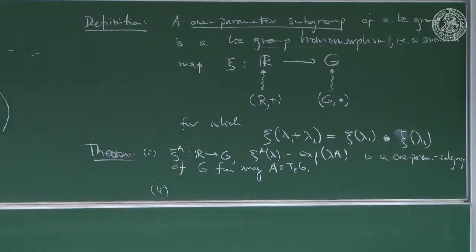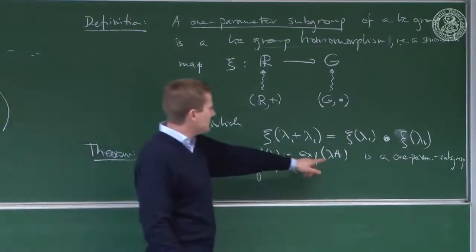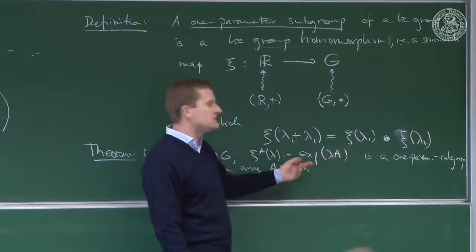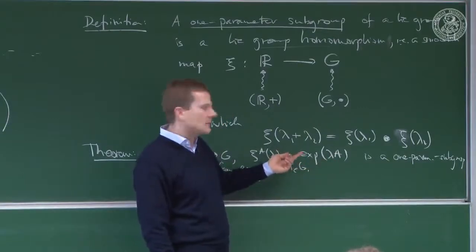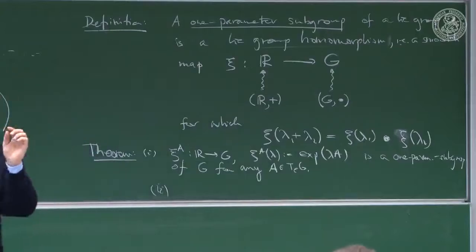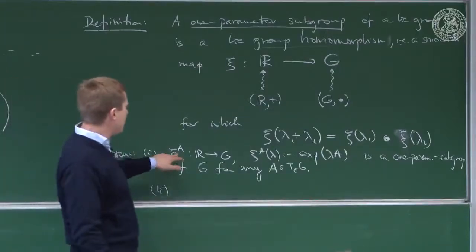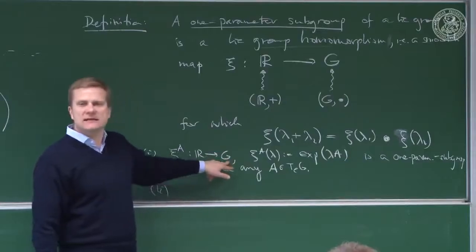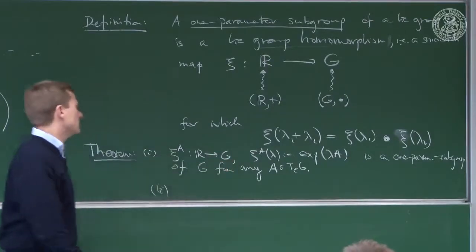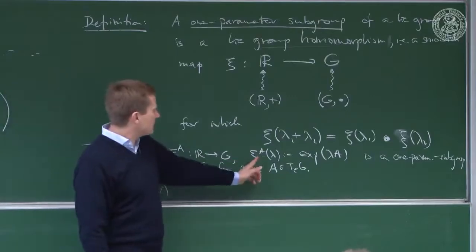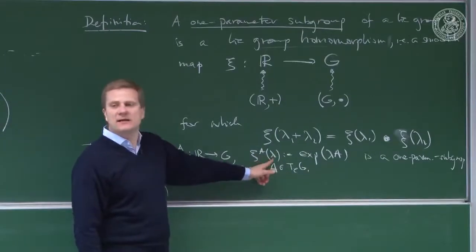It's not so spectacular. You see, in particular, if lambda is 0, you have exp of 0. You can think about it. Exp of 0 yields you the identity. Okay. So you always go through the identity. So the points you cover, Xi A of all of R, is a subset of G, contains the identity, and indeed you also always have the inverse element, because obviously the inverse element of Xi A of lambda is Xi A of minus lambda.